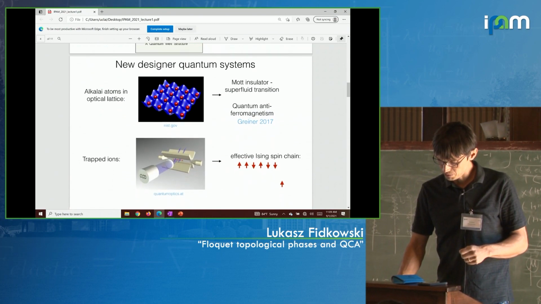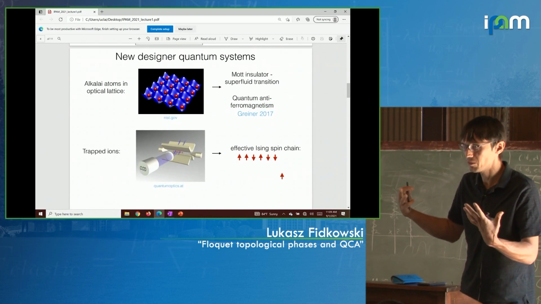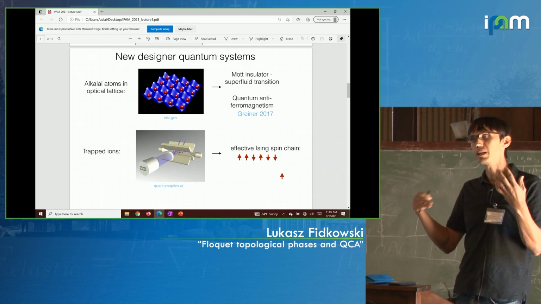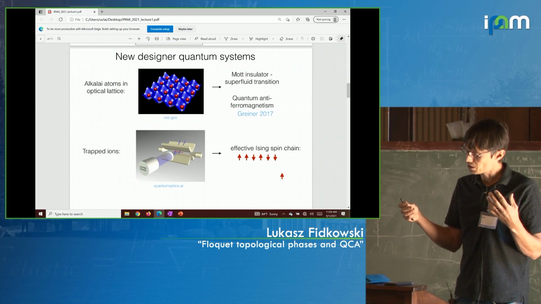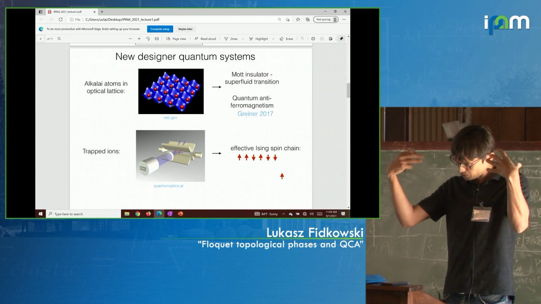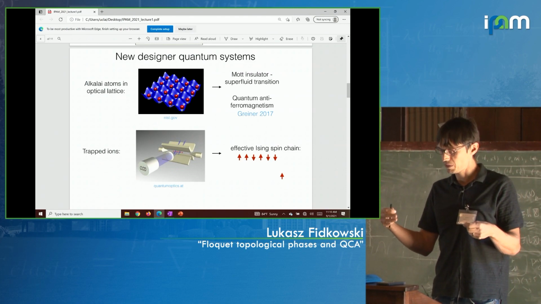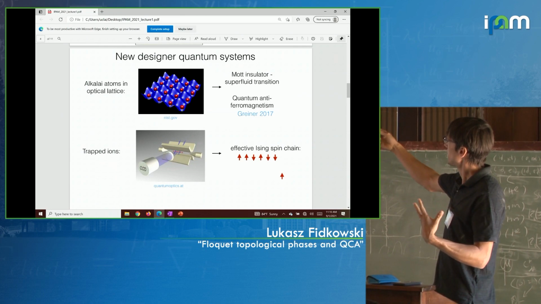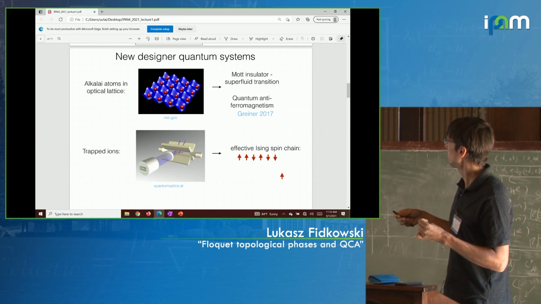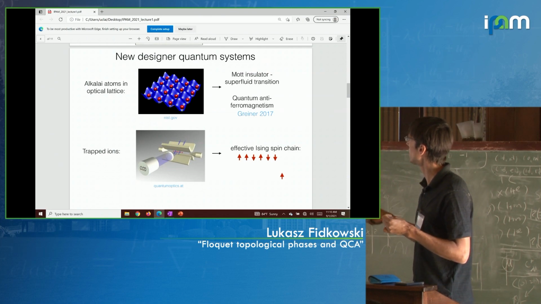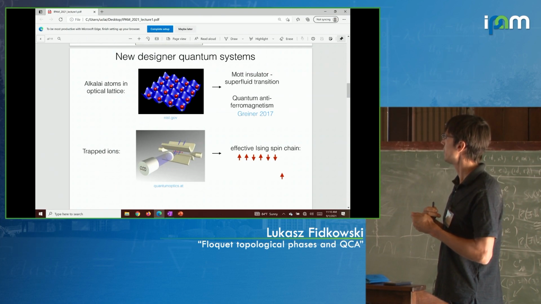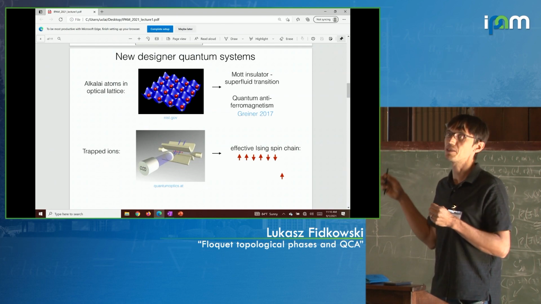And so let me just mention again at the level of pictures some of the new quantum many-body systems which aren't really part of the traditional solid state systems which have become prominent recently. So one set of many-body quantum systems that people have really made a lot of progress on is ultra-cold atoms trapped in optical lattices.